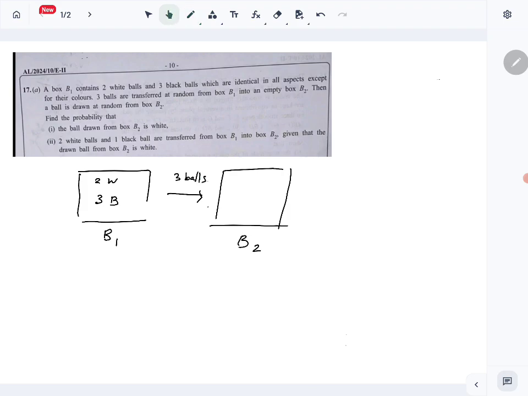Then a ball is drawn at random from box 2, and we are supposed to find the probability, first part, that the ball drawn from box 2 is white, right?